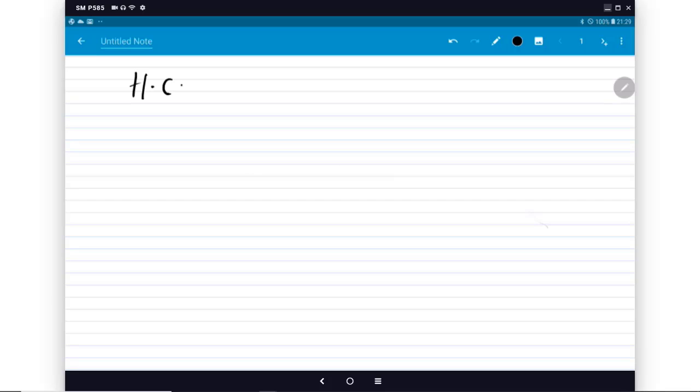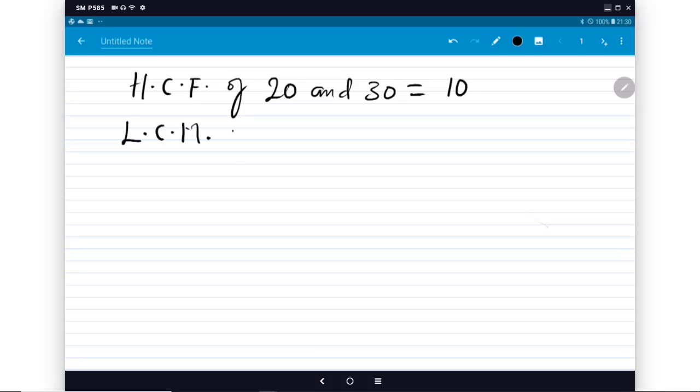the HCF of 20 and 30 is equal to 10, just like we found it the other time. And also the LCM of 20 and 30 is 60.